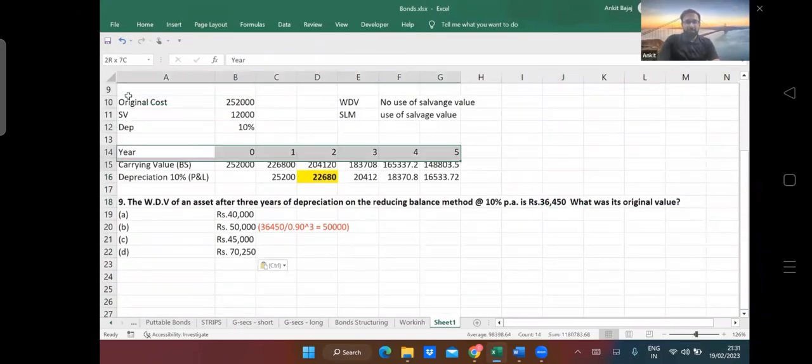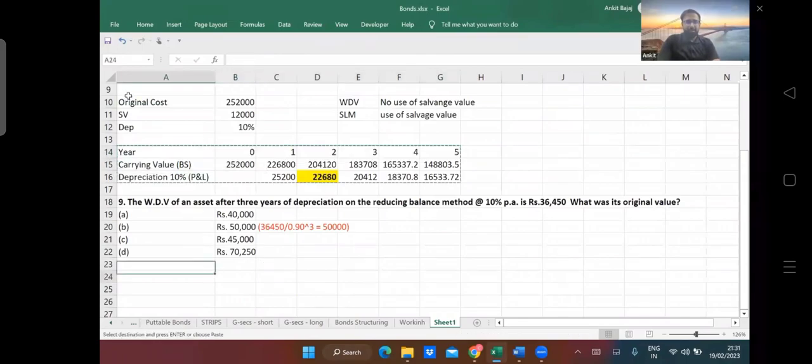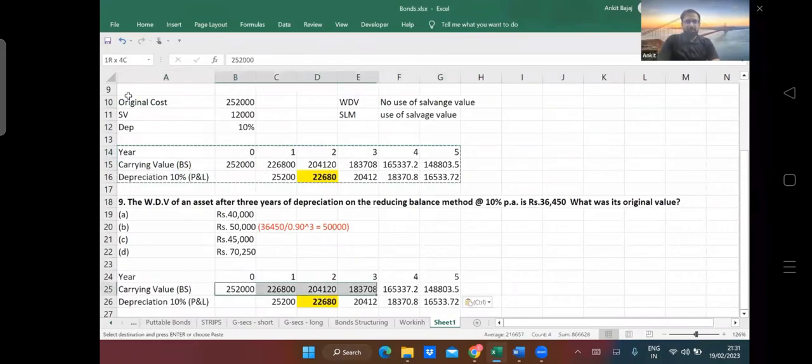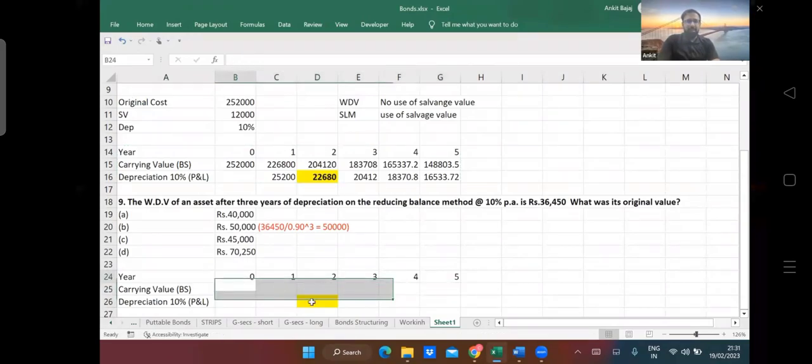Now I will copy this data, so you will get more clarity. If you see what the question says, after 3 years the company follows the WDV method. Here it is clearly written: reducing balance method. Reducing balance method itself means WDV method; the alternative name of the WDV method is the reducing balance method. The question says, after 3 years of depreciation on the reducing balance method at the rate of 10%, the WDV of the asset is 36,450.